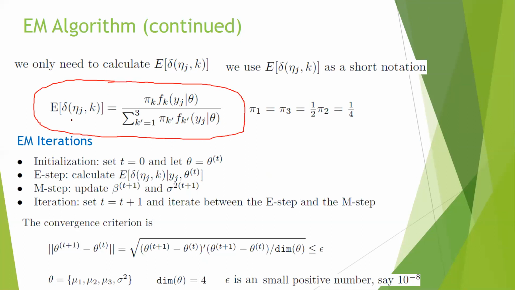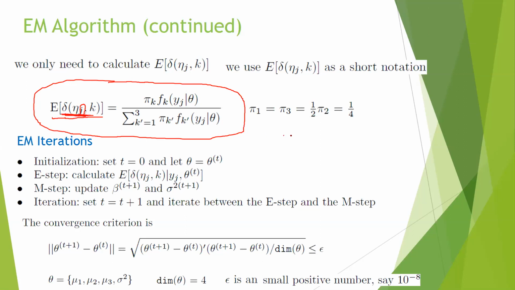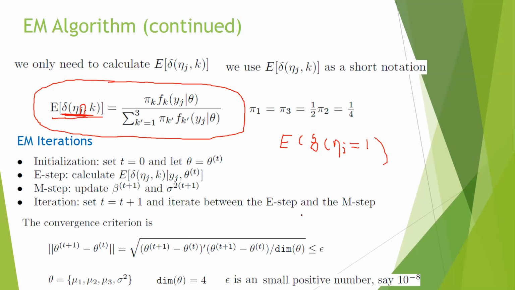Let's see the meaning of this expectation. Here we're talking about a specific individual, right? So we want to calculate the expectation of whether this one, let's say k equals 1.